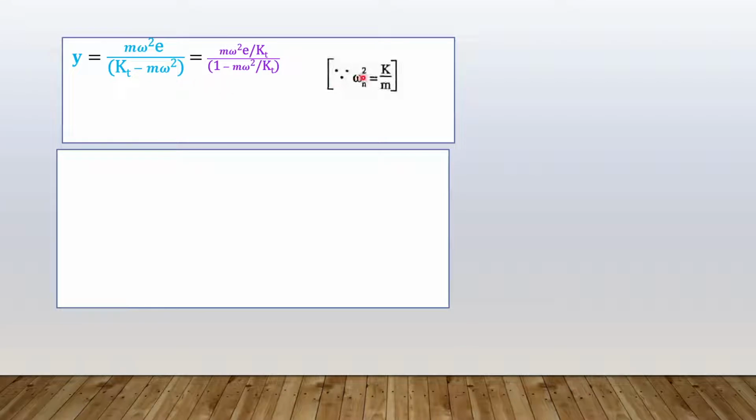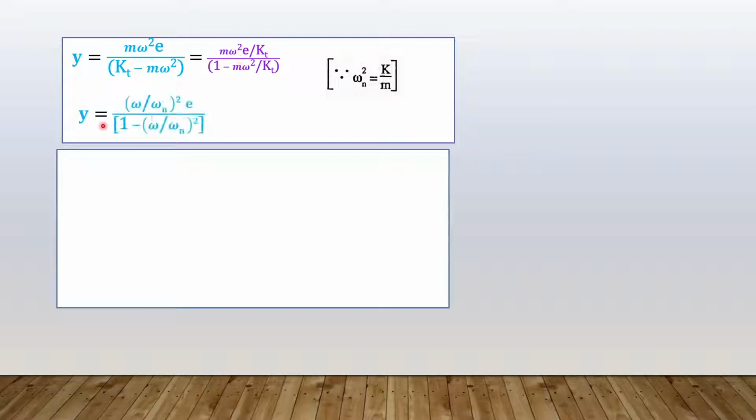Because we have to consider the omega n square, which we have already studied is equal to k by m. K for this case of shaft is kt. So here m upon kt means 1 upon omega n square.